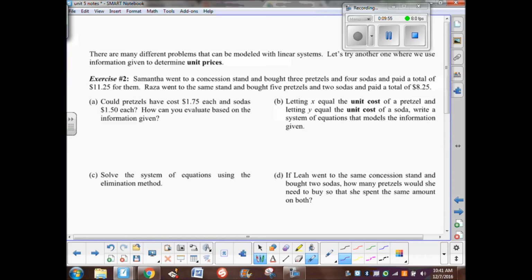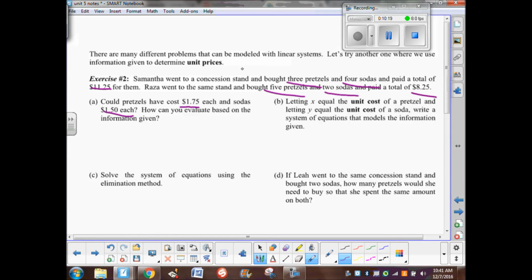So it says Samantha went to a concession stand and bought 3 pretzels and 4 sodas and paid $11.25. Raza went to the same stand and bought 5 pretzels and 2 sodas and paid $8.25. And then it asks, could pretzels have cost $1.75 each and sodas $1.50? How can you evaluate based on the information given?